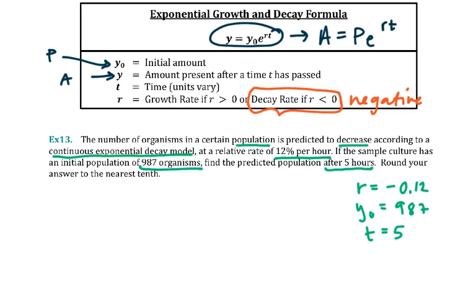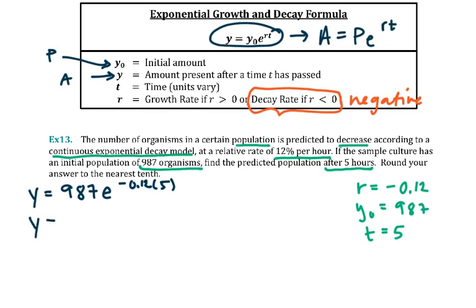So, setting this up, y, what we don't know, the end amount, is going to equal y sub 0, 987, e to the negative RT. So we've got negative 0.12 times 5. And at this point, you just plug that right into your calculator.